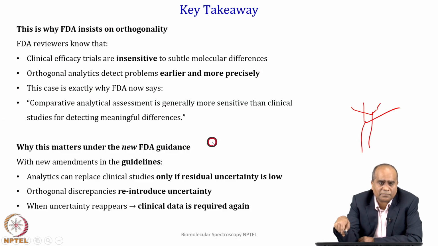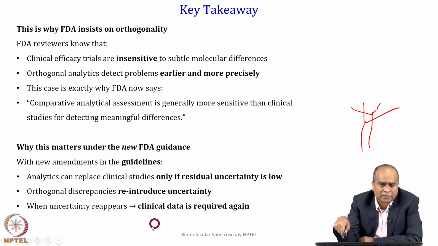So, why does this matter under the new FDA guidelines? The guideline says, right, you can have a new amendment in the guidelines. It says that analytics can replace a clinical study only if residual uncertainty is low, right. So, that means you have to do the analytics very thoroughly. Orthogonal discrepancies can reintroduce uncertainty.